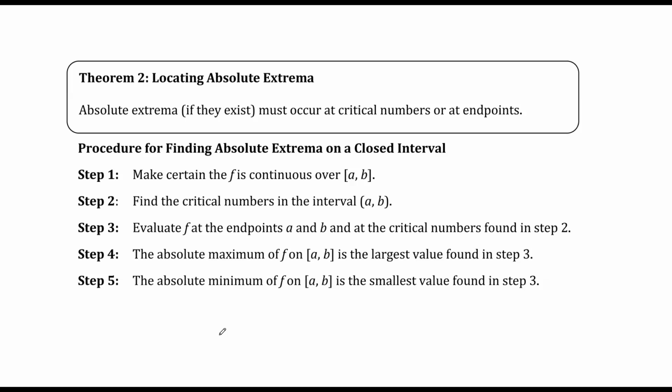The largest value is the absolute maximum, and the smallest value found in step 3 is the absolute minimum of f on the closed interval [a, b].